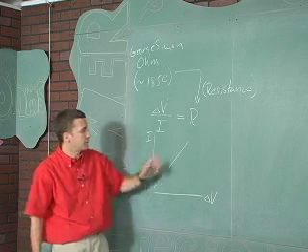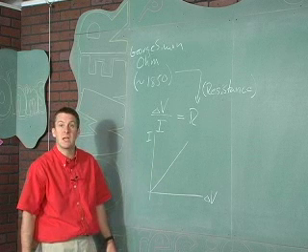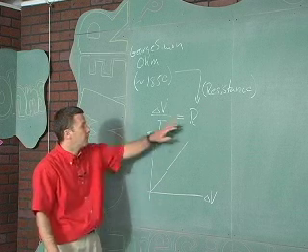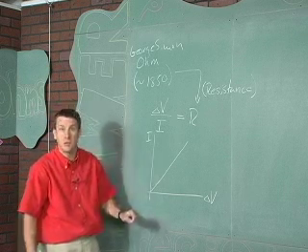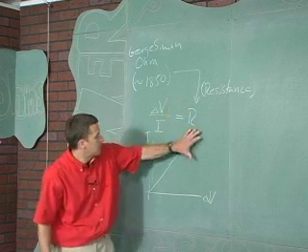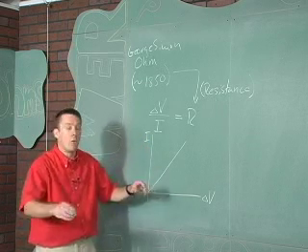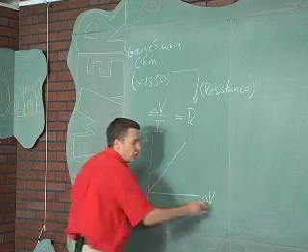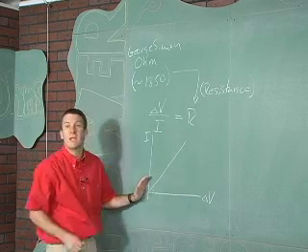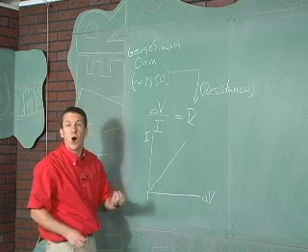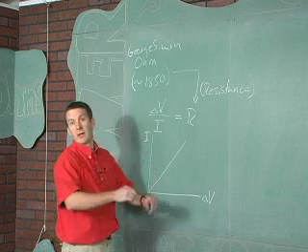And so the slope of this line reflects the resistance, which is a reflection of the properties of the material. Now, over a large range of potential differences, if this curve remains linear, we call the material ohmic.